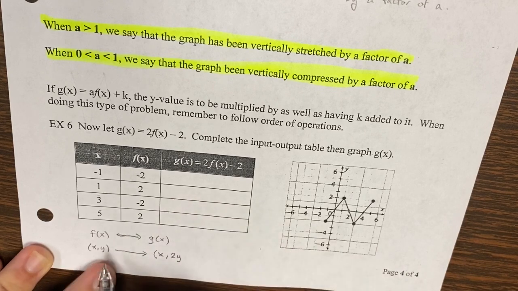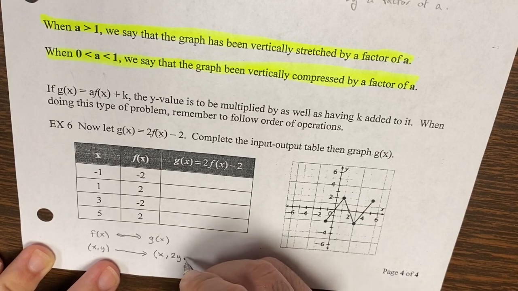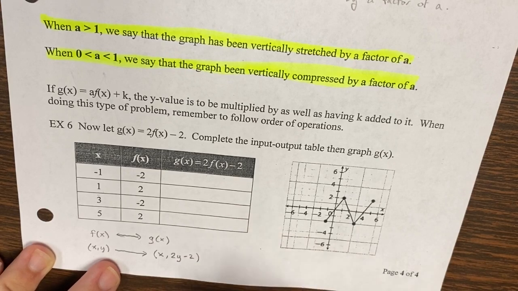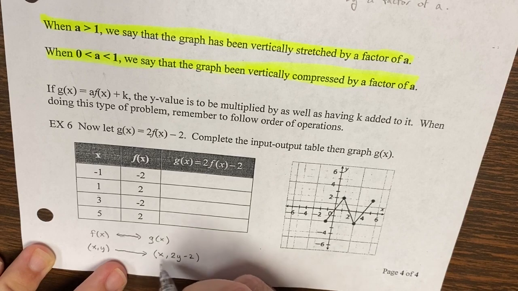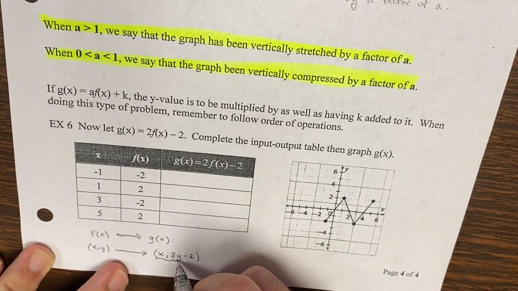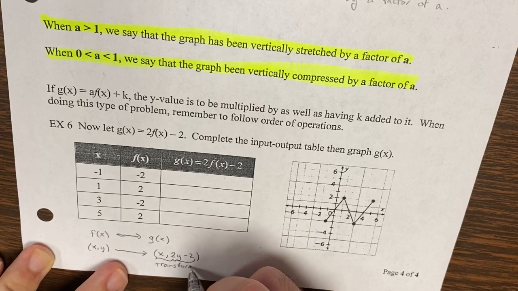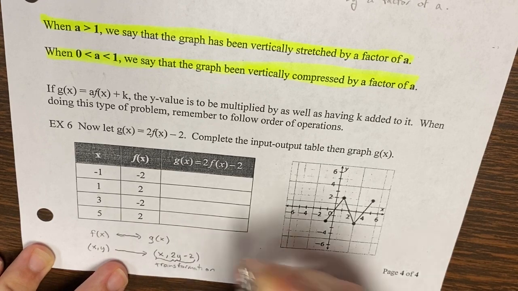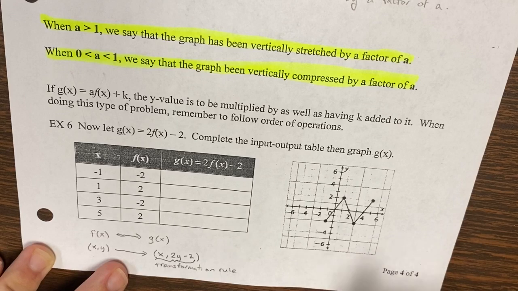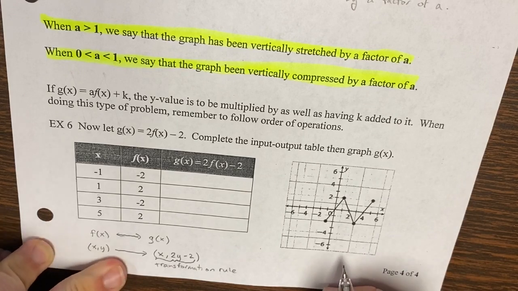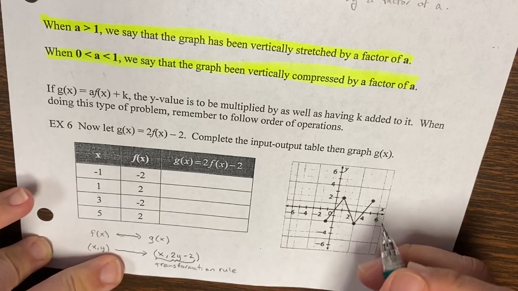We're going to take the old y values from f of x, multiply them by 2, and then subtract 2. So this is what I'm going to call my transformational rule. And if you get used to writing these, it makes transformations so much easier.